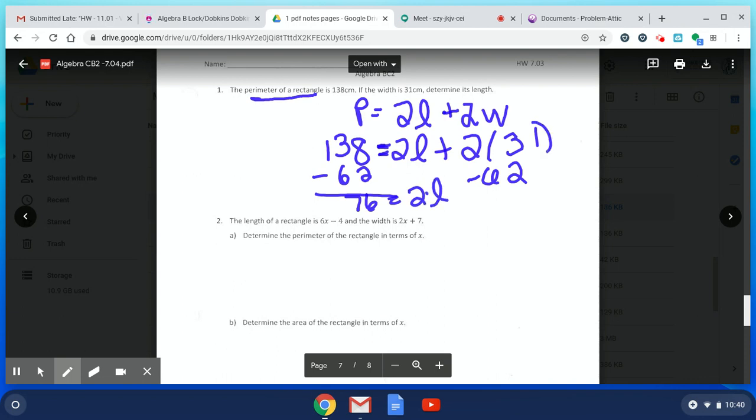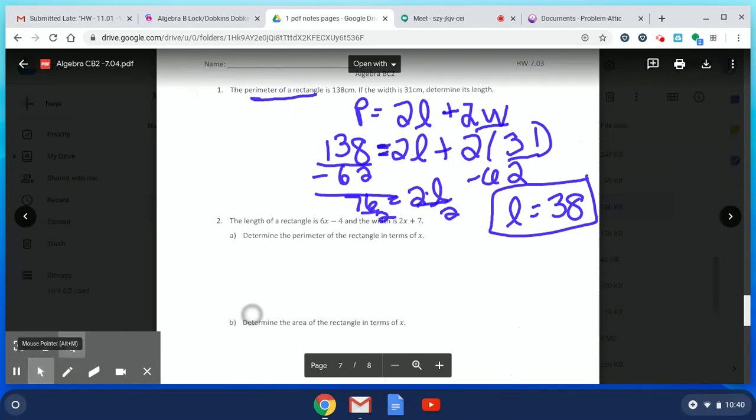So again, I just did a substitution with the width going in for 31 and that 138 in for the perimeter. Last step here is going to take 76 and divide each side by 2. And we'll get that each length is going to be 38.